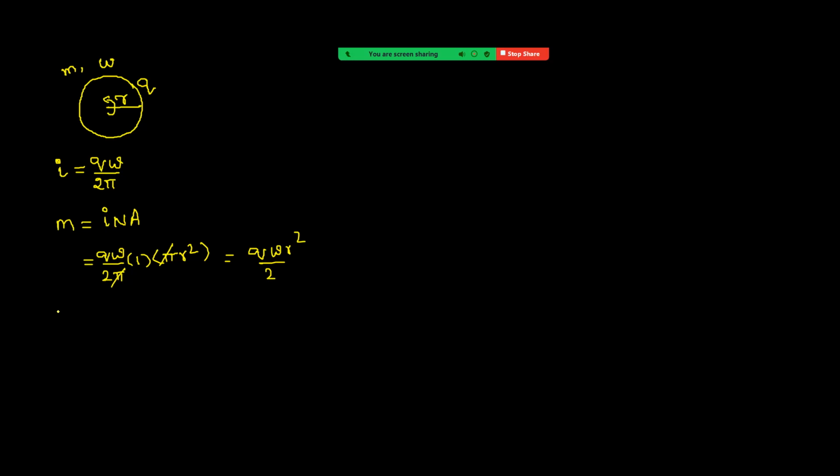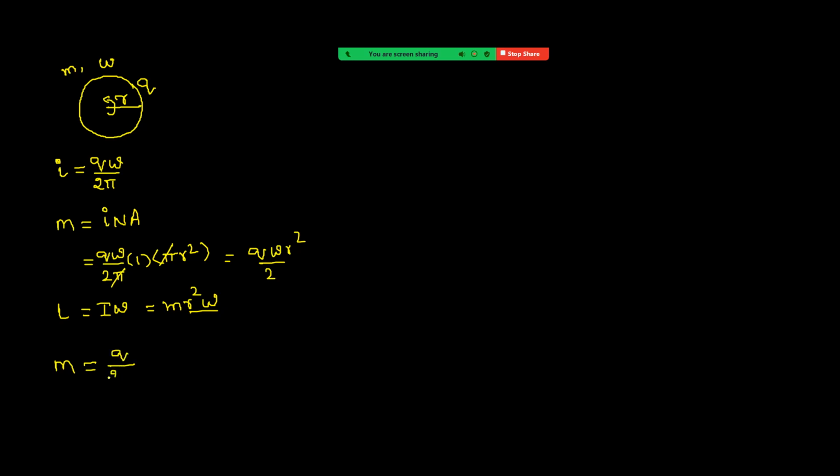Next, calculate the angular momentum of the ring about its own axis. This is equal to I into omega, and for the ring about its own axis it is m r square into omega. Now see what we can write. In the place of r square omega, I can write L upon m. Substitute there.